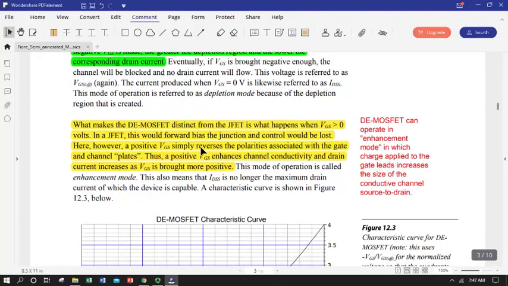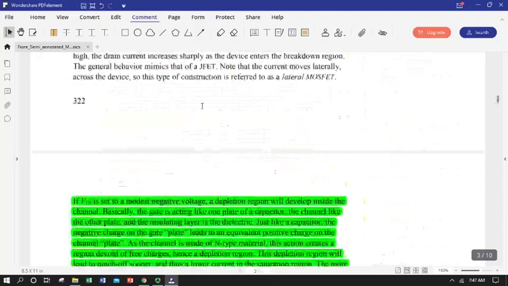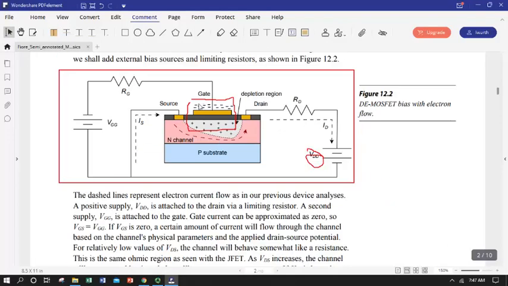In fact, if we wanted, we could apply a positive charge to the gate, and we would actually widen out a little bit. We could effectively widen our N channel, which was something we couldn't do so much in the junction field effect, in the JFETs.